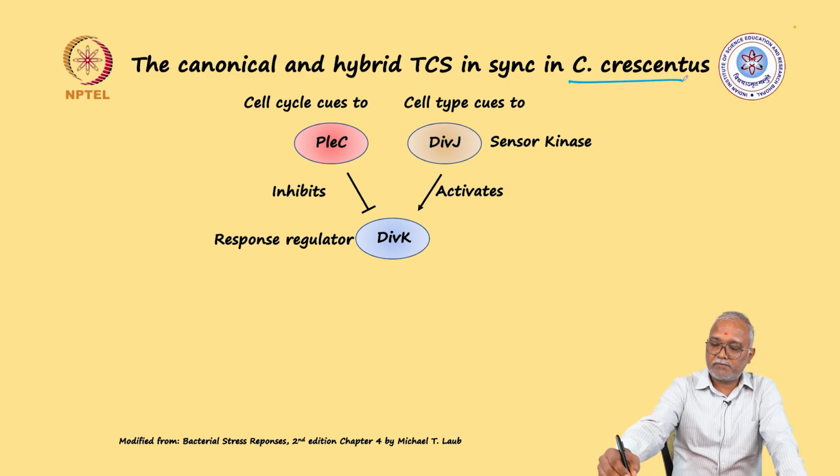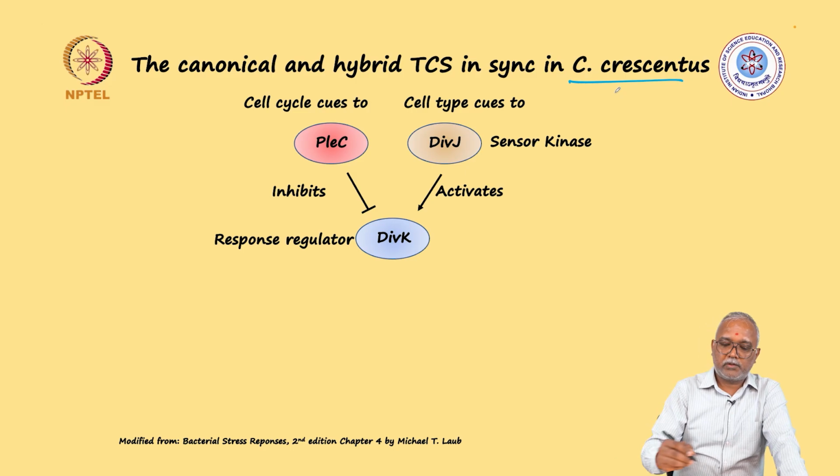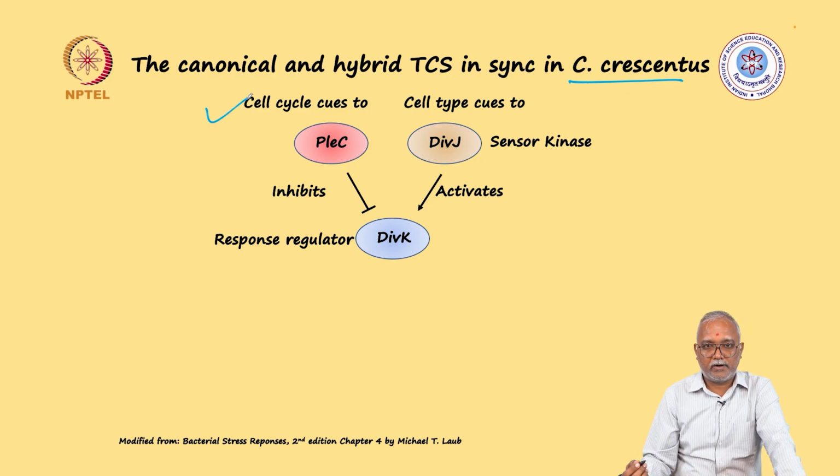Similarly, here this bacteria, Caulobacter crescentus, has to decide at some point of time to divide or keep moving as a free form. So there will be cell cycle cues which will say that okay, you probably should go under division or not undergo division, and there will be cell type cues which will tell you to remain as a swarmer, enjoy life that way, you don't need to undergo the division.